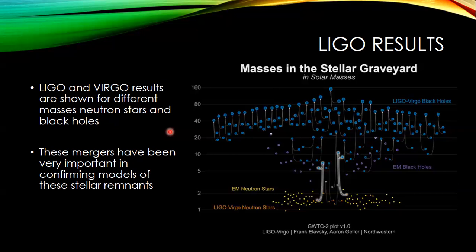Now, when stars die, they can basically leave three different types of remnants behind, if they leave a remnant behind at all. Our sun will leave behind a white dwarf. Not very interesting. More massive stars will explode as supernovae and leave behind what are called neutron stars.